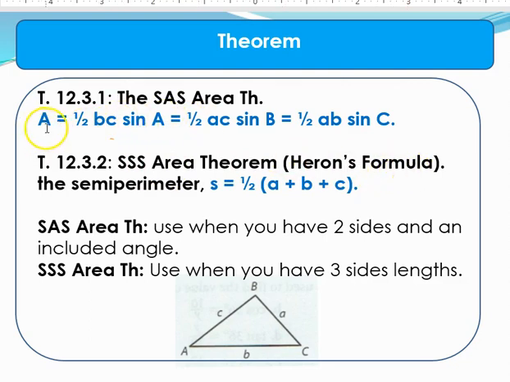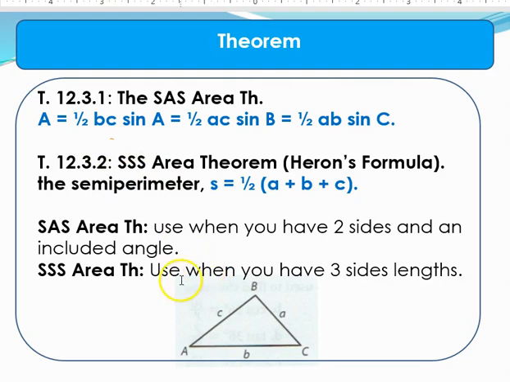In the first one, we were finding the area of a triangle if we have an included angle in between two known side lengths. In the SSS area theorem, we were solving for the semi-perimeter and then substituting S into Heron's formula to solve for the area of a triangle that we had three known sides for.